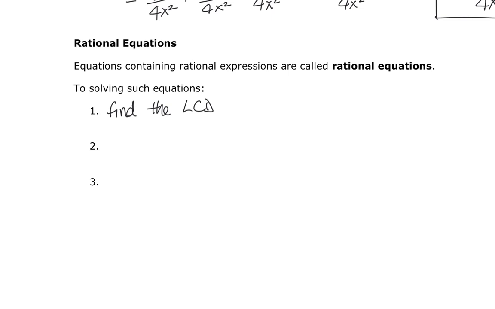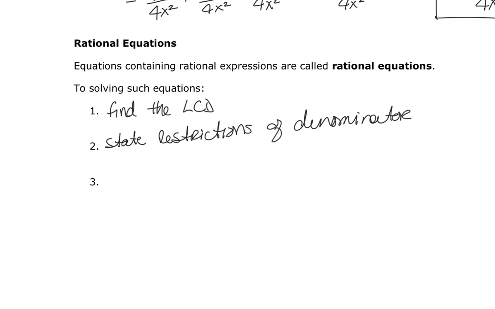The second thing I'm going to do is state my restrictions of the denominator based on the lowest common denominator. The third thing I'm going to do is multiply each fraction by the LCD.